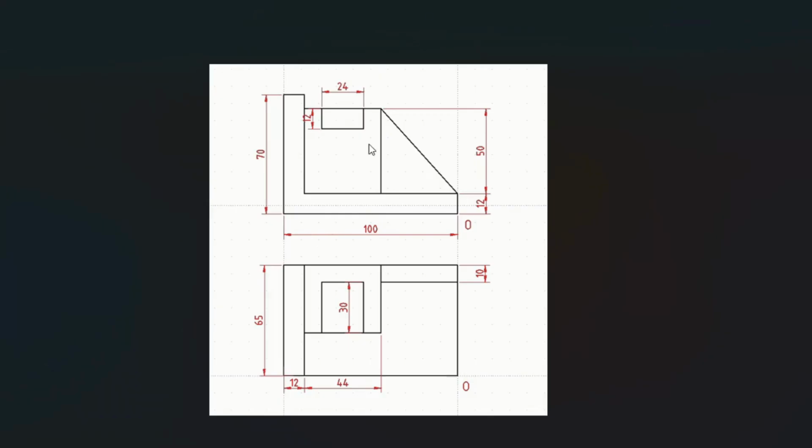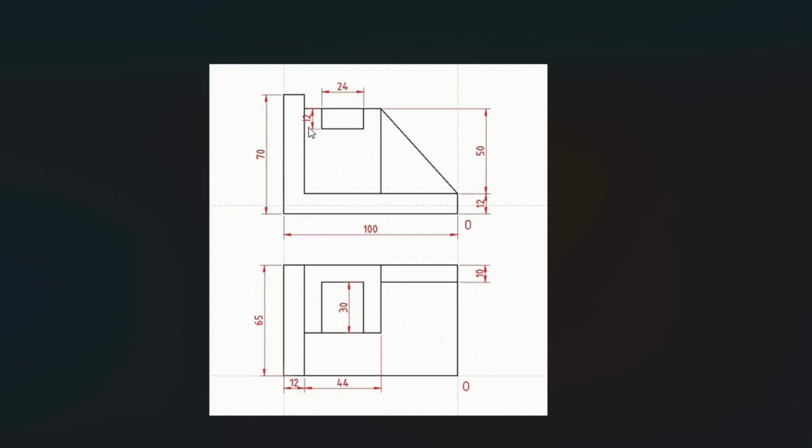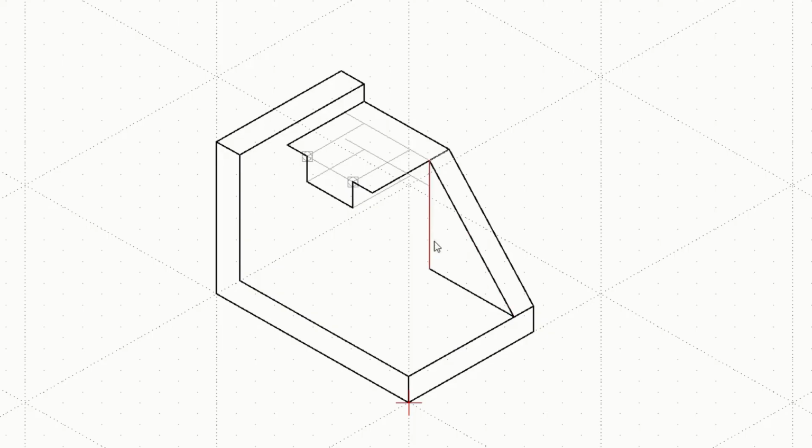Okay, so this is completed. Now, to complete this face, there is this edge which we referred to earlier. It means this line is basically a face over here. We'll have to draw a line parallel to this from this point, and also from this point, because this straight face has two edges, one here and the other here. So let's draw a line parallel to this from this edge.